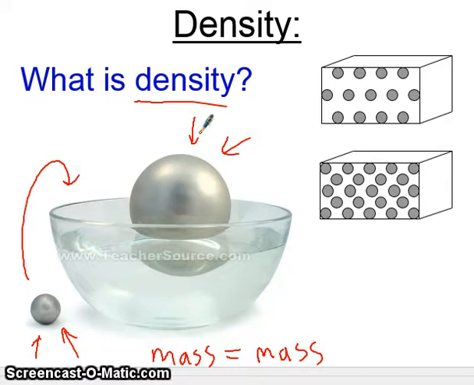And you can think of it kind of like in the picture on the right. This top solid, rectangular solid, has the particles, we'll say these are the metal atoms, much more spread out, so they don't take up as much space. On the bottom one, they're much more compressed, closer together. Because the mass is closer together in the bottom one, it is more dense.